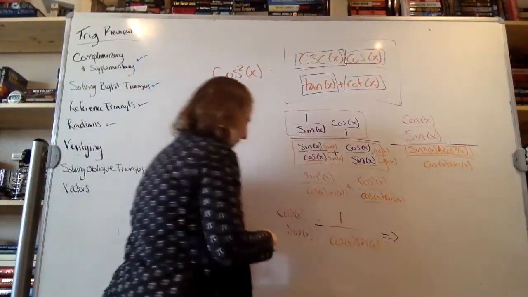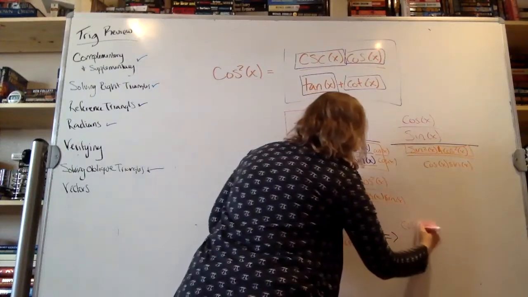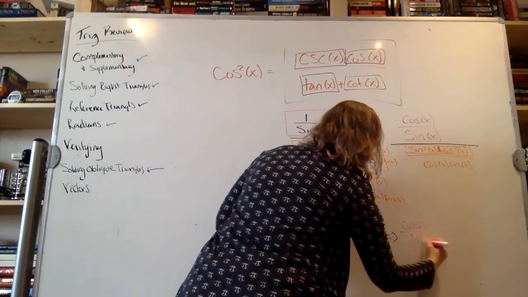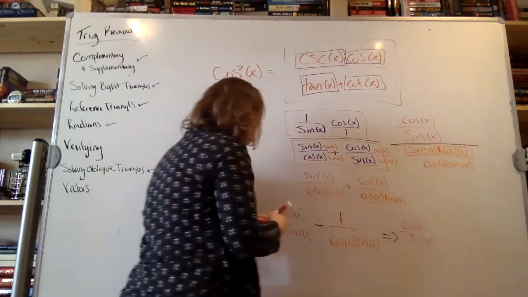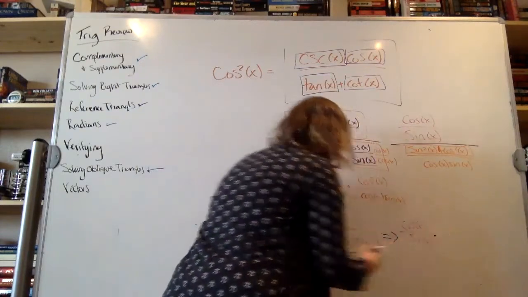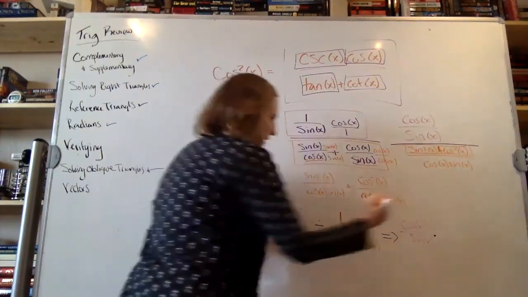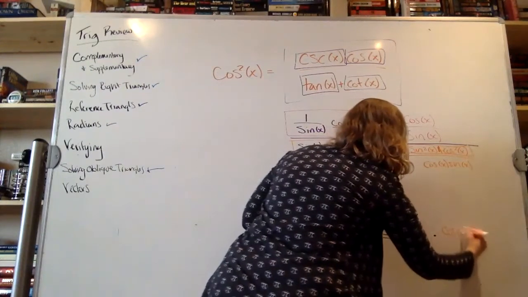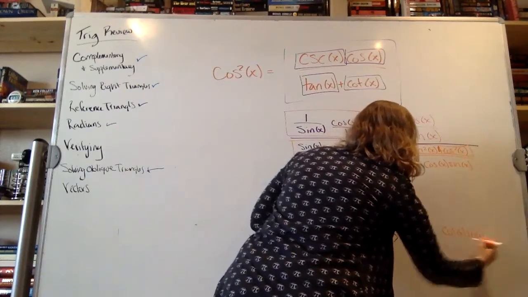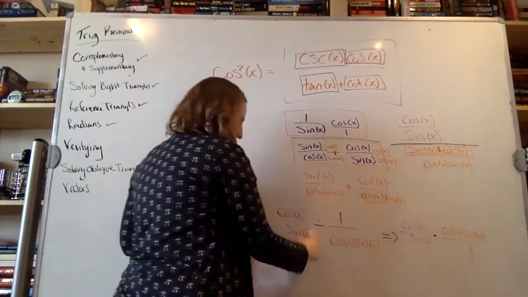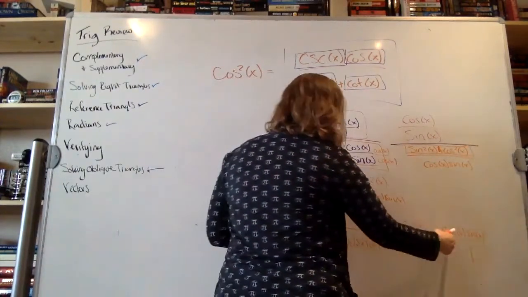So this is the same thing as cosine x over sine x times cosine x sine x over 1. Dividing by this is the same thing as multiplying by the reciprocal.